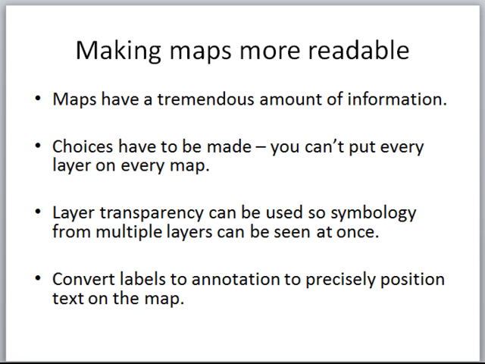It's easy just to cover up one layer with another layer when they're both polygon layers that cover the same area. So layer transparencies can be used to show more than one layer at once. And we also do things like create annotation by converting labels to annotation so that we can more precisely position text on the map.